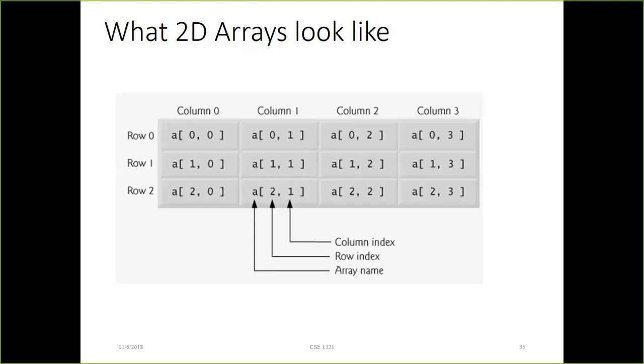For the first row, all row index will be 0. For the second row, all row index will be 1. For the third row, all row index will be 2. And for the fourth row, 3, right? 3 comma and then 3 comma.